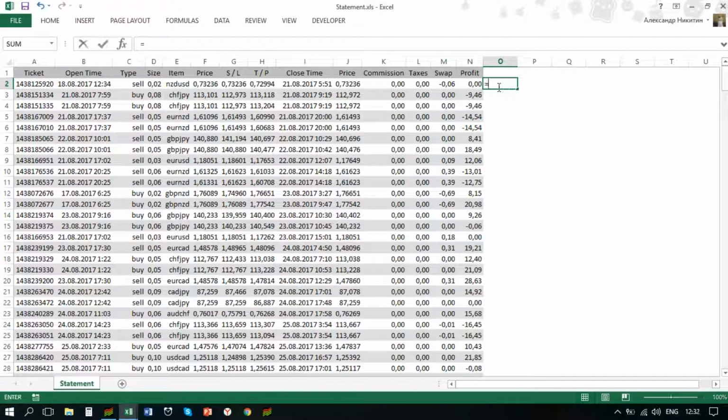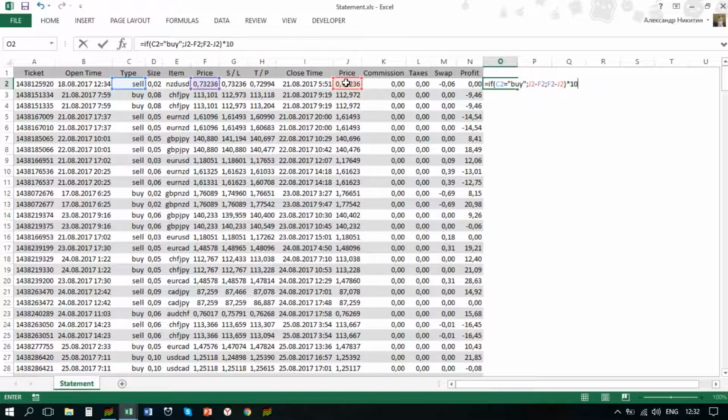Home, disable filters, type the formula. It equals, if this cell equals buy, then close price minus open price, else open price minus close price. Done.